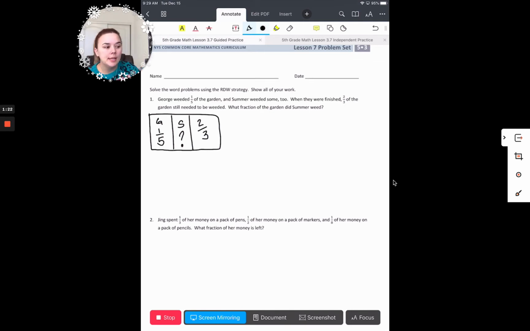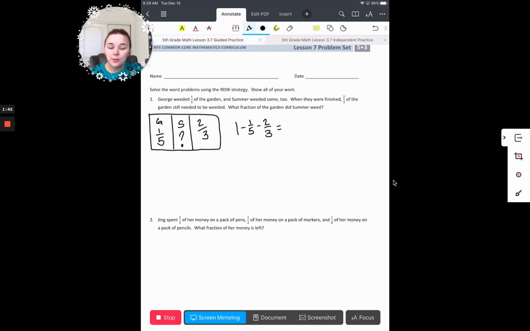So we can take our whole garden, we can call that 1. So we need to take away 1/5, and we need to take away 2/3. So we're subtracting 1 minus 1/5 minus 2/3.